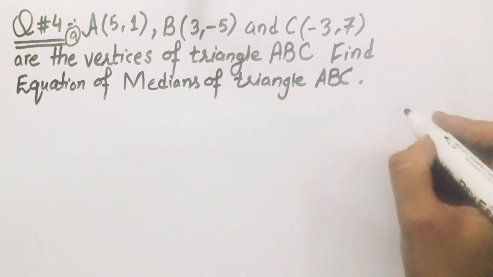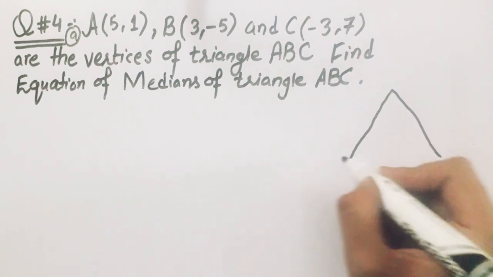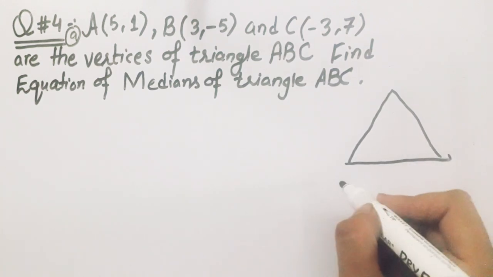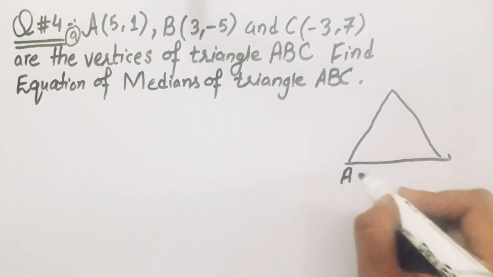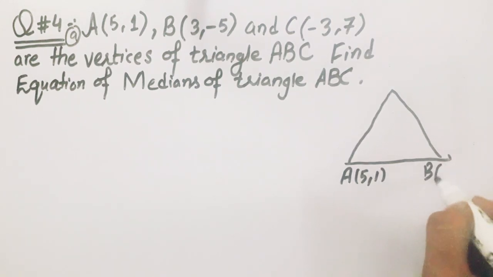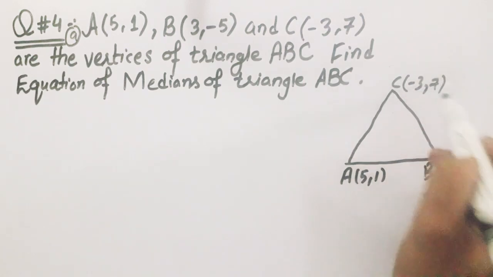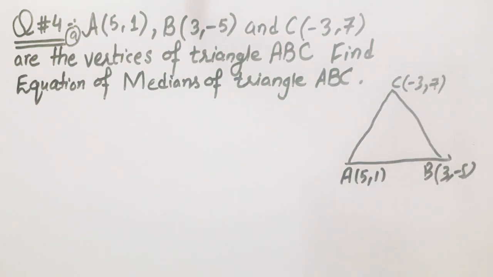First of all, you will draw the triangle like this, and this is point A, that is 5 and 1. This is point B, that is 3 and minus 5, and this is point C, that is minus 3 and 7. Now you have to find the equation of median of the triangle ABC.